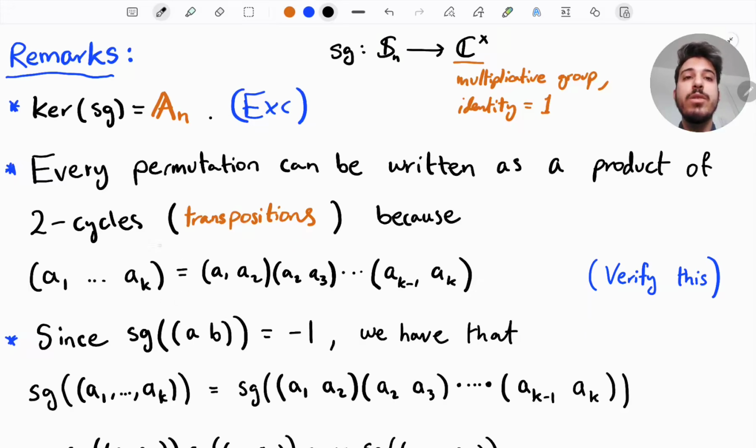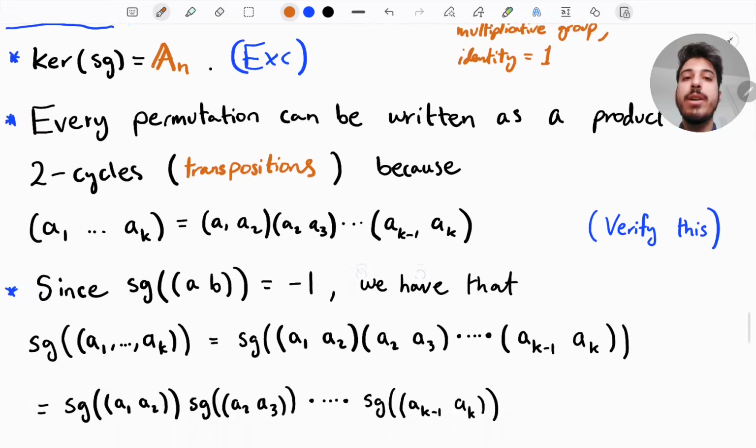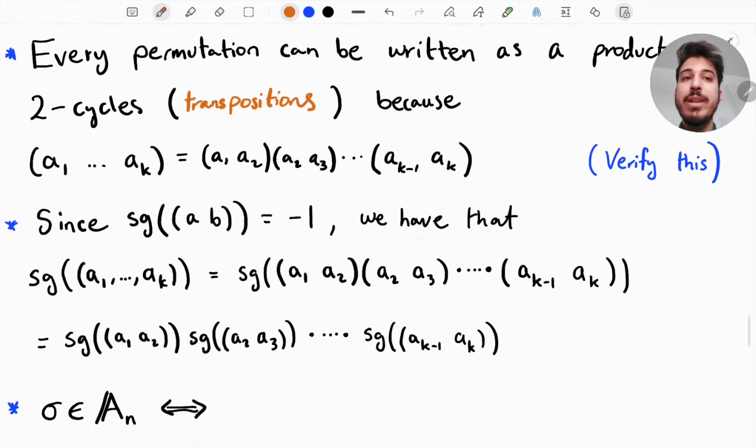And in fact, these two sides of the equation are equal because they will send A1 to A2, A2 to A3, A3 to A4, and AK back to A1. The last part, I need you to verify: that this side here will send AK back to A1. Now, another thing that we remark is that if we take the sign of a transposition, we always get back minus 1.